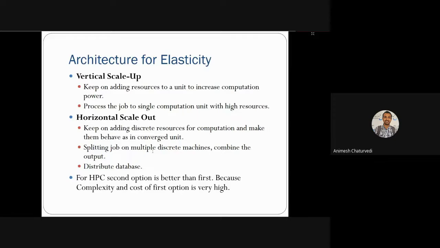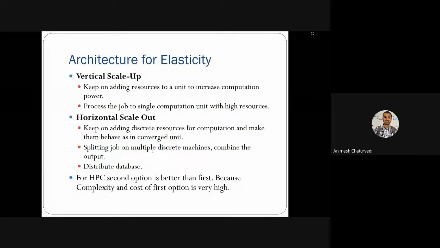The first is vertical scale up, which happened in older times, around 40 or 50 years ago. They kept on adding more processing units and more RAM so that computing would become faster. In such a condition, the process is assigned to a single computational machine with higher resources, which in older times were called mainframe computers.